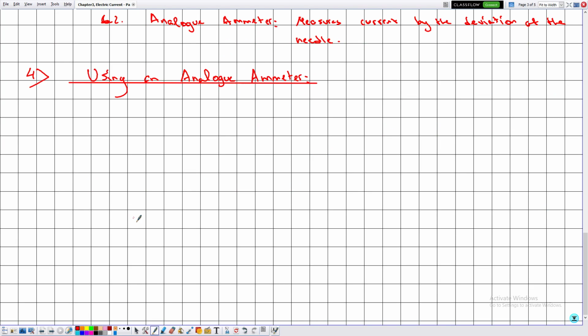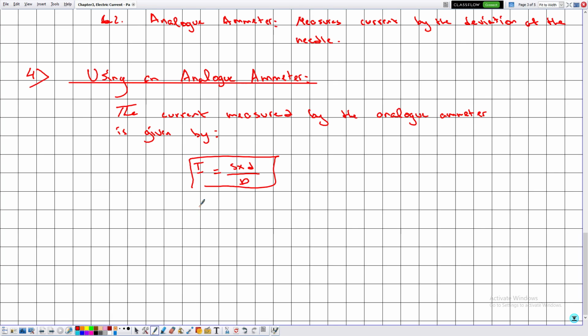Let me say that the current measured by the analog ammeter is given by I is equal to S multiplied by d divided by capital D. It's exactly the same as the voltage measured using an analog voltmeter, but instead of U, it's given by I, since this is measured by an ammeter.